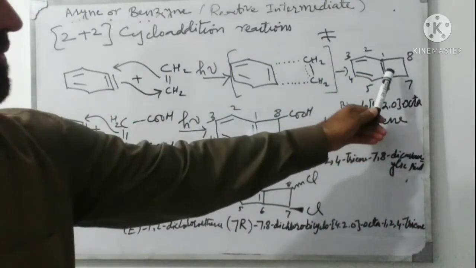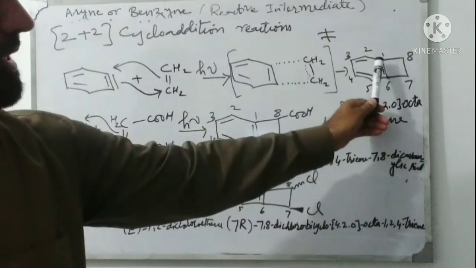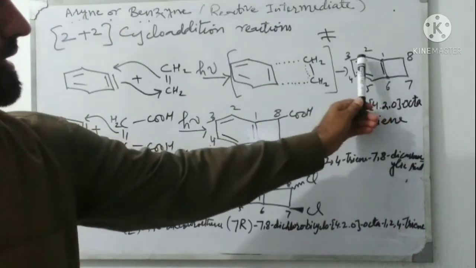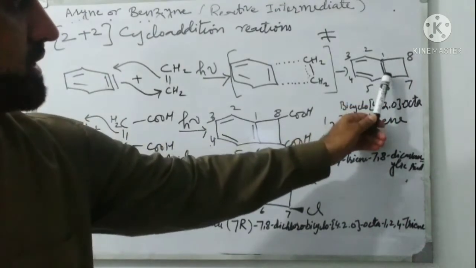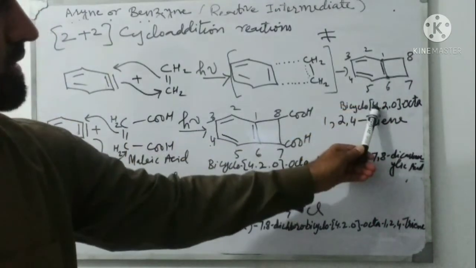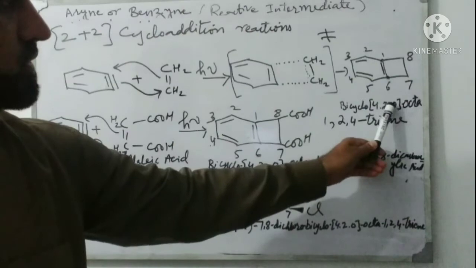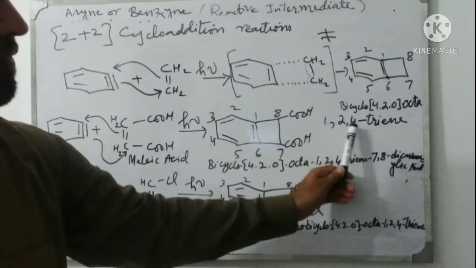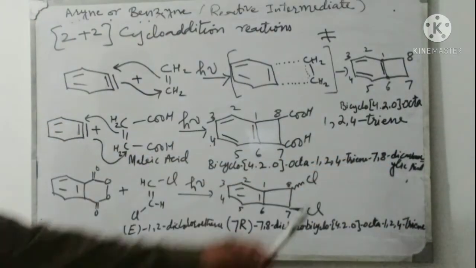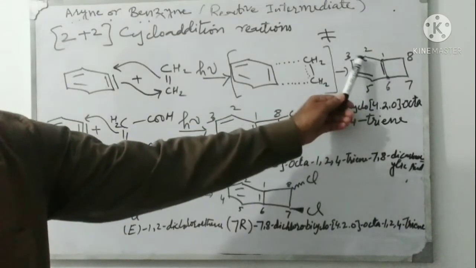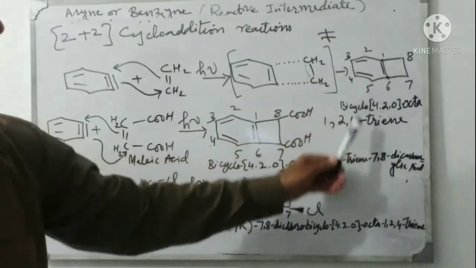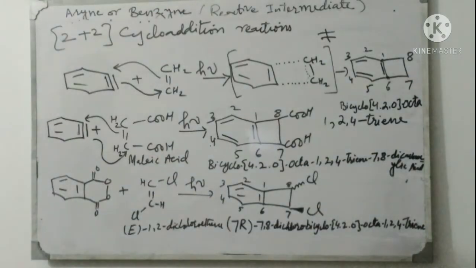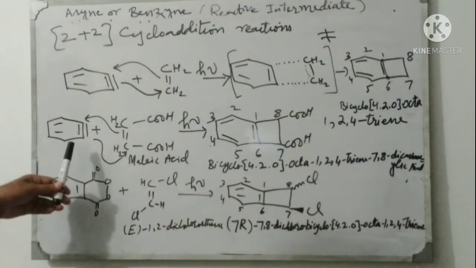And in the bridges, there are 4 carbons on this side, 2 carbons on this side, and between the bridgeheads 0 carbons, so we use 4.2.0 octa-1,2,4-triene.